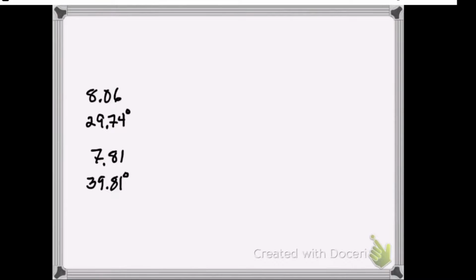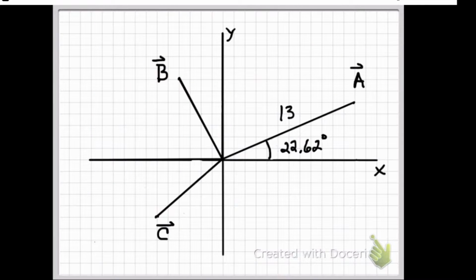First of all, the magnitude, or in other words size, of vector B is 8.06, and so we're going to put that in here, 8.06. And then we're going to measure this angle that vector B makes with the y-axis. And that's going to help us to understand something about how we can do trigonometric analysis with this information.